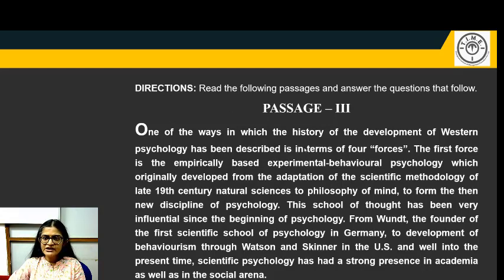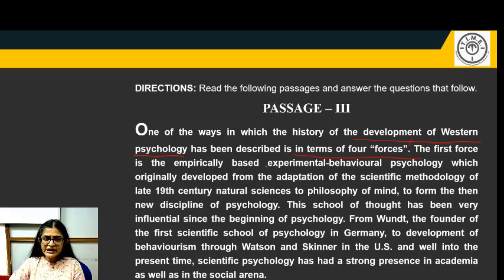One of the ways in which the history of the development of Western psychology has been described is in terms of 4 forces. The first force. So now we know there are 4 forces. So this is the first force.